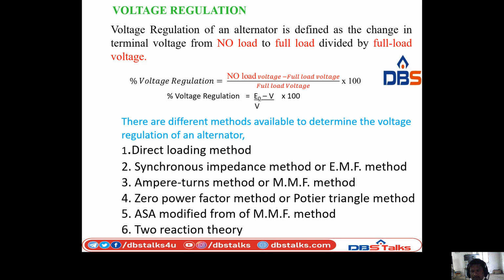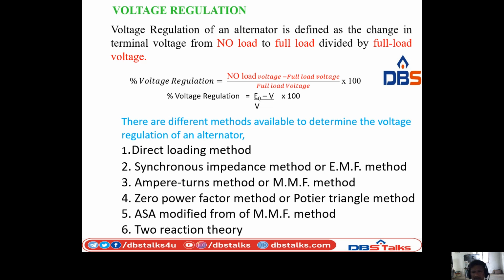For resistive load, positive values. For lagging power factor, that is inductive load, it is also a positive value. But for leading power factor, capacitive load, it may be negative, positive, or zero. All three values are applicable for leading power factors or purely capacitive loads.